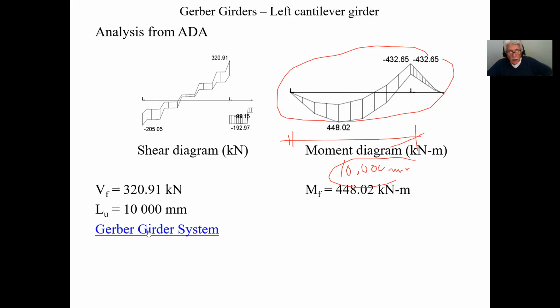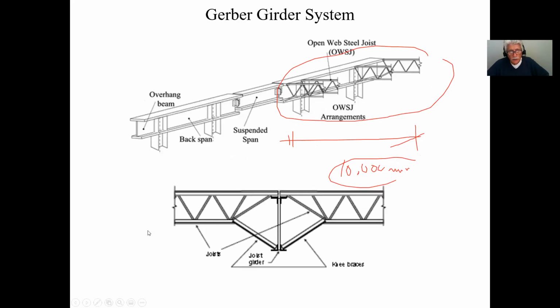Now, what you can do, if you want, and we're gonna do this, is put knee braces. We can put knee braces whereby we shorten the LU, okay? In other words, what we'll do is we will actually go and support the compression flange, okay? We'll put these knee braces, okay? And we will only be able to put them where our joists are.